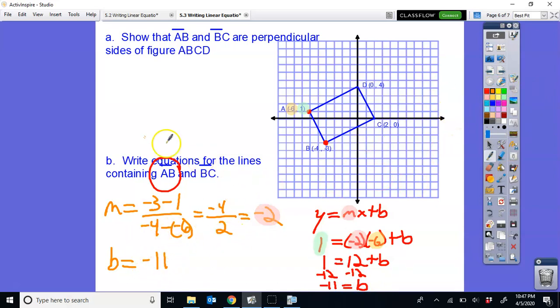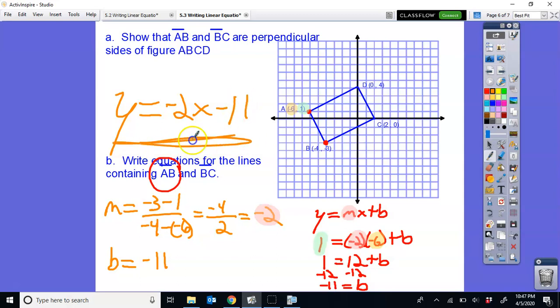So what would the equation of that line be? y equals -2x minus 11. And if you look at that, it should make sense. It's going down 2 over 1, down 2 over 1. It's going to hit way down here at -11 eventually if you extended that line. But this will be the equation.